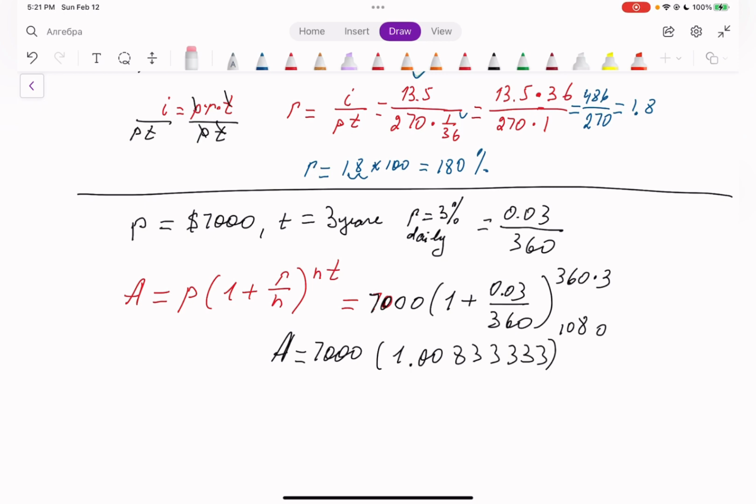I'm clicking on the key x to the power y. X will take as 1.00833 and so on, and after that I push the button 1080, and I am getting, let me see, 7,000 times... Why should I get 7,000? 1 to any power should give very little.